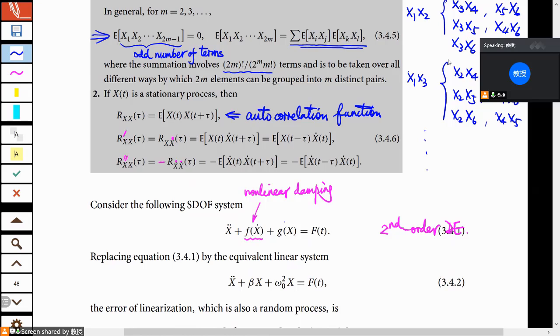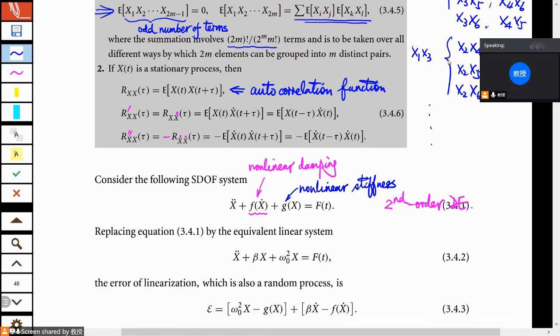And g(x) means we have nonlinear stiffness. Okay, so we have a nonlinear system, and we want to replace this nonlinear system by the equivalent linear system.